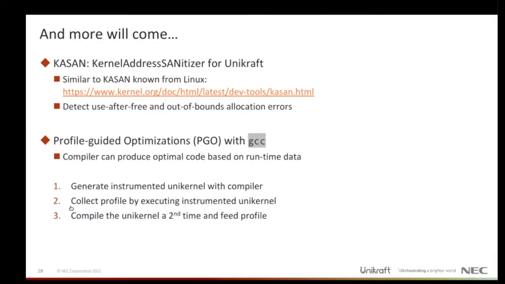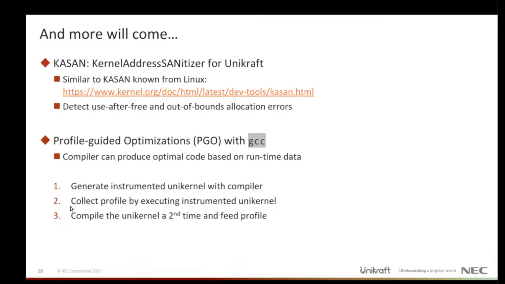And another nice thing that we're also working on is profile guided optimizations with GCC, where you give the compiler the chance to produce optimal code for your use case. That roughly works by first instrumenting a first build of the unikernel through the compiler.